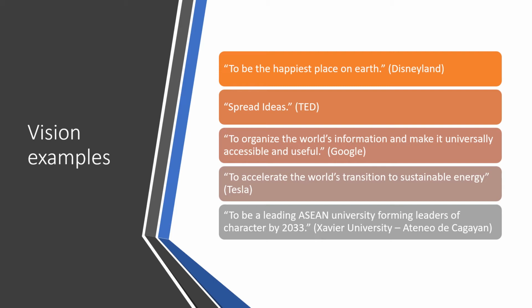Their vision is to spread ideas. Google, of course you know Google, to organize the world's information and make it universally accessible and useful. Tesla, a fairly new company, to accelerate the world's transition to sustainable energy.